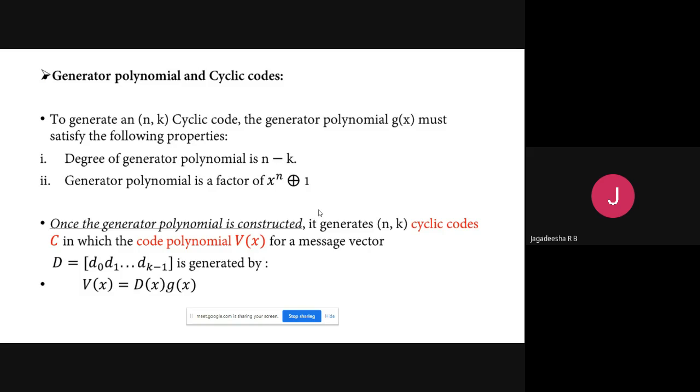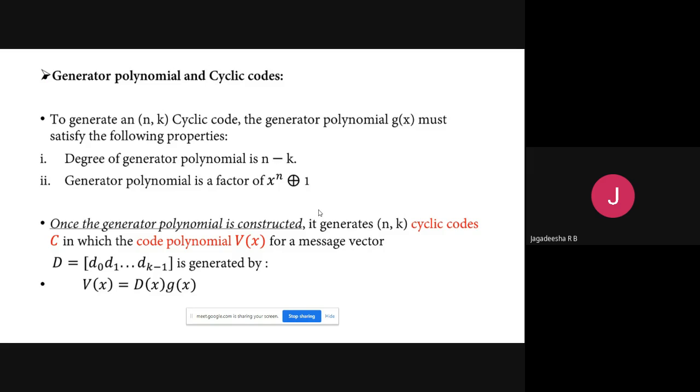So the highest power of this generator polynomial is n minus k. n is a number, k is also a number, so n minus k is a number. You get maybe 7 minus 4 is 3, so its highest power should be 3, so x cube and like that. We have an example later on.